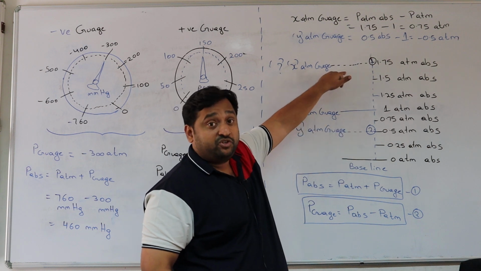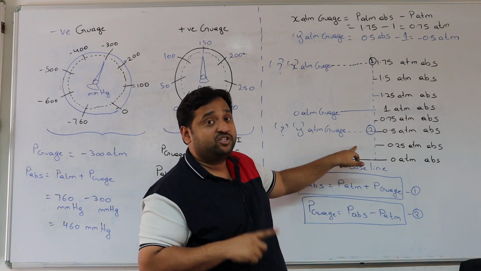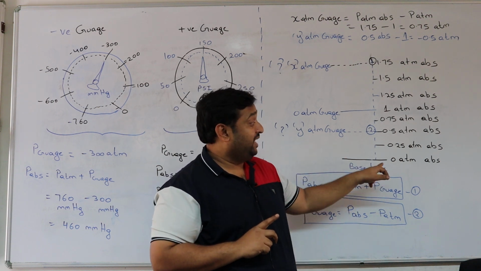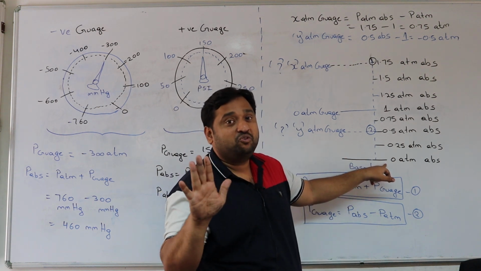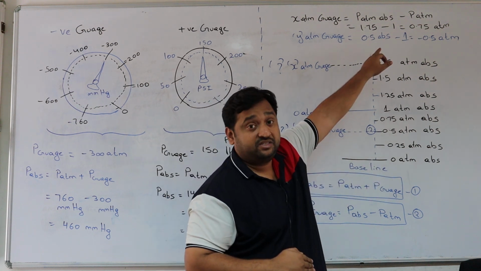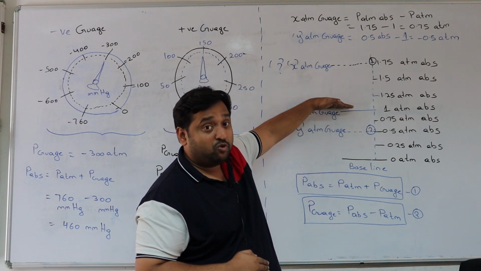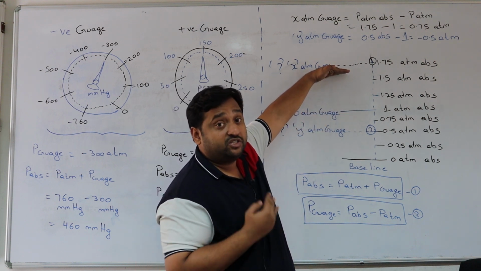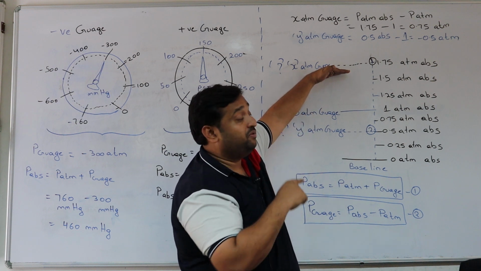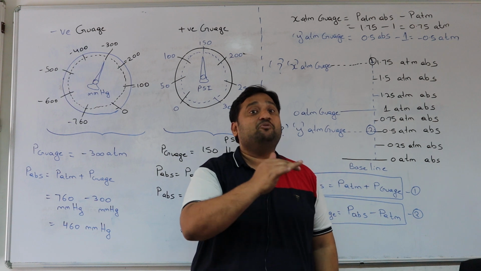Above the 0 gauge pressure is called positive pressures. Below this is called negative pressures. But in absolute pressure there is no negative value. Absolute starts with 0 and is ever increasing. Gauge pressure is 0 at 1 atmosphere. If you go for higher pressures, it will be a positive value, and for lower pressures, it is called negative gauge pressures.